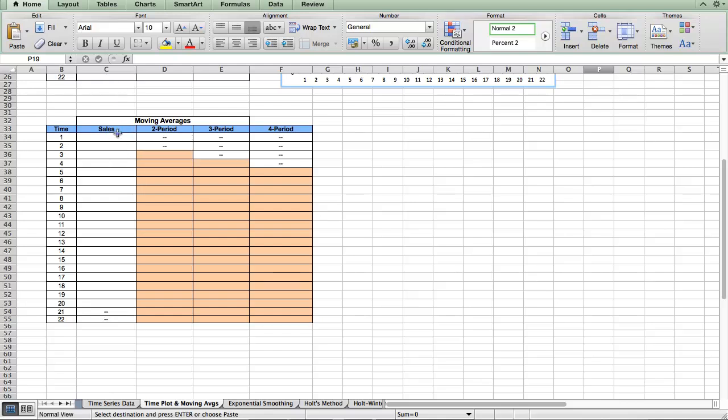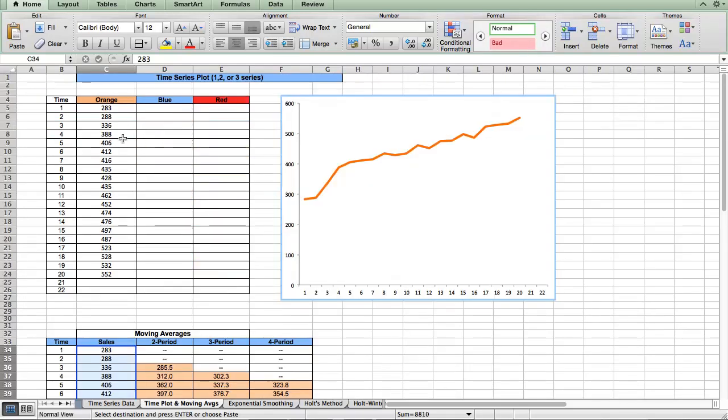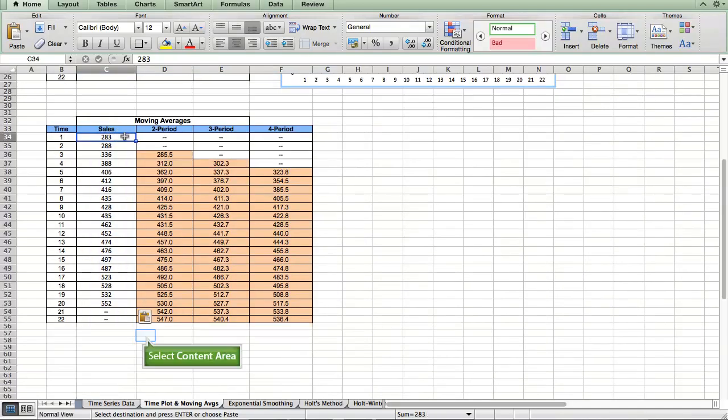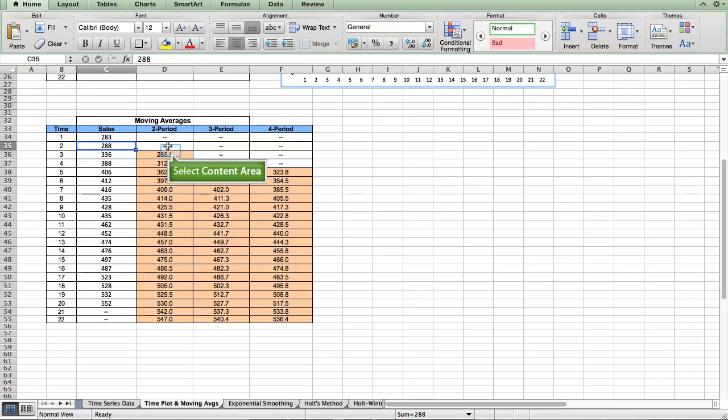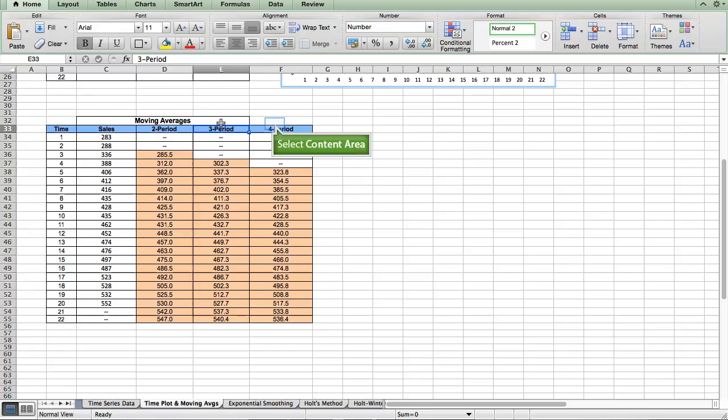For example, adding our sales data, the 2-period moving average simply averages the previous 2 time periods to produce a forecast. Now, the moving average method could be for 2 periods, 3, 4, or really any number.